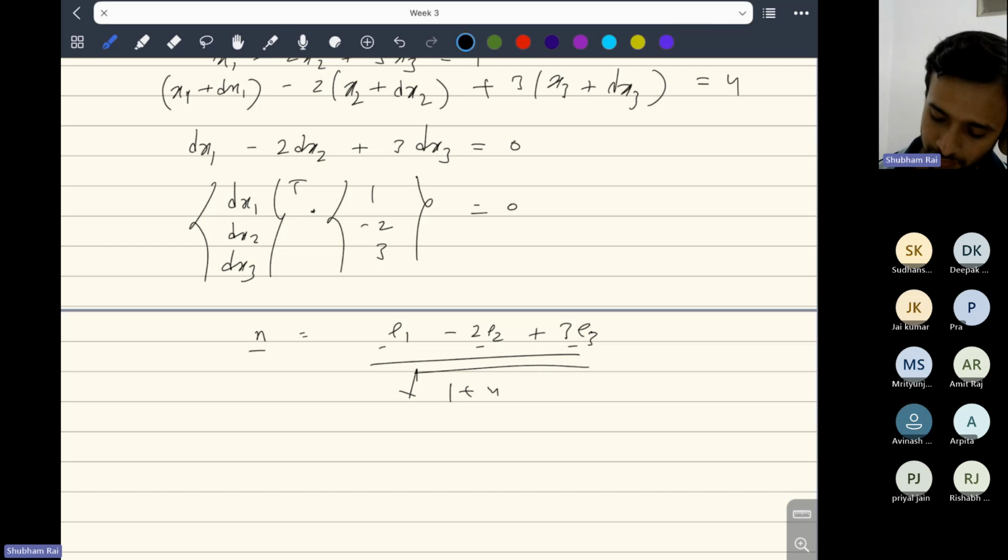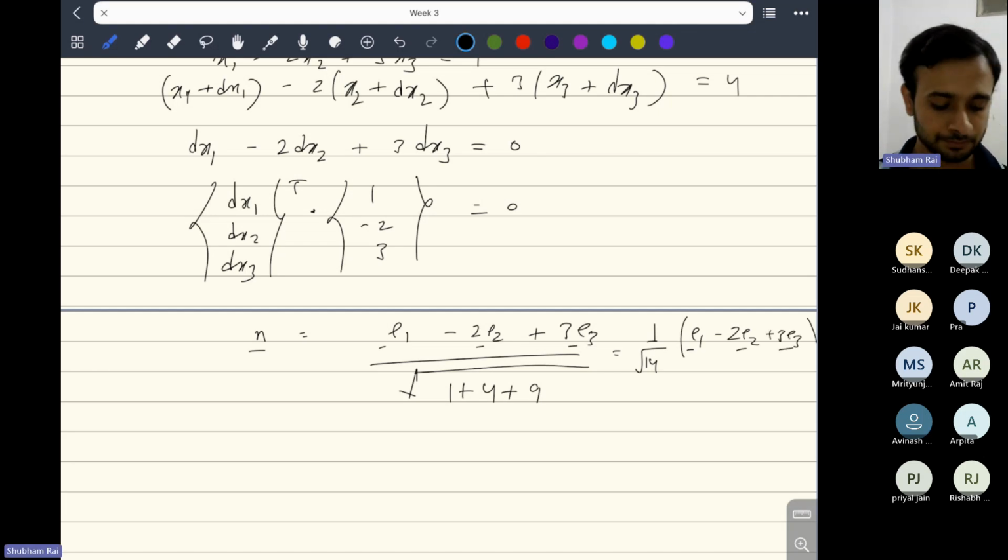So that will be 1 plus 4 plus 9, which is the square root of 14, right? So now you will have 1 over square root of 14 times e1 vector minus 2 into e2 vector plus 3 into e3 vector. Okay.